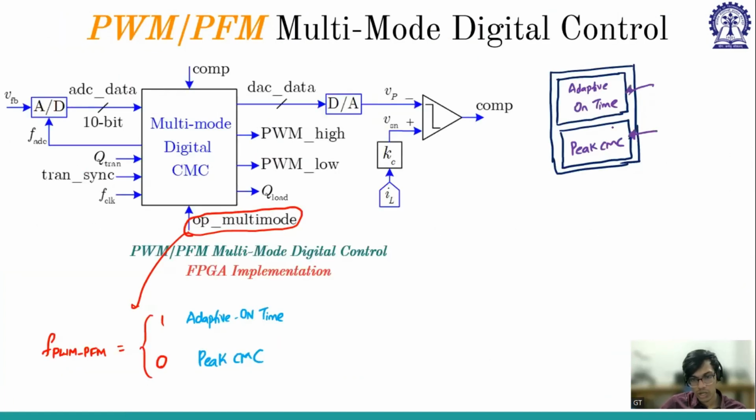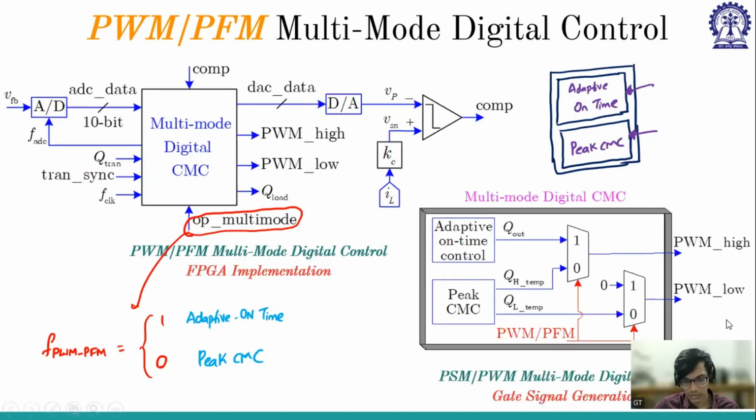But based on the similarities and the common blocks, we can club them into one block and move on to our Verilog code, so that we combine the common blocks, separate out the non-common blocks, and then at the output we have this mux.